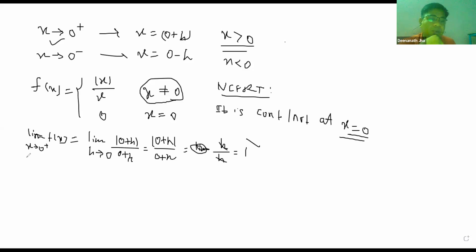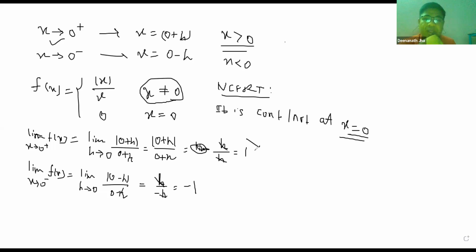Now, for limit x tends to 0 minus f(x), equal to limit h tends to 0, mod of 0 minus h divided by 0 minus h. It will be equal to h upon minus h, which is minus 1.